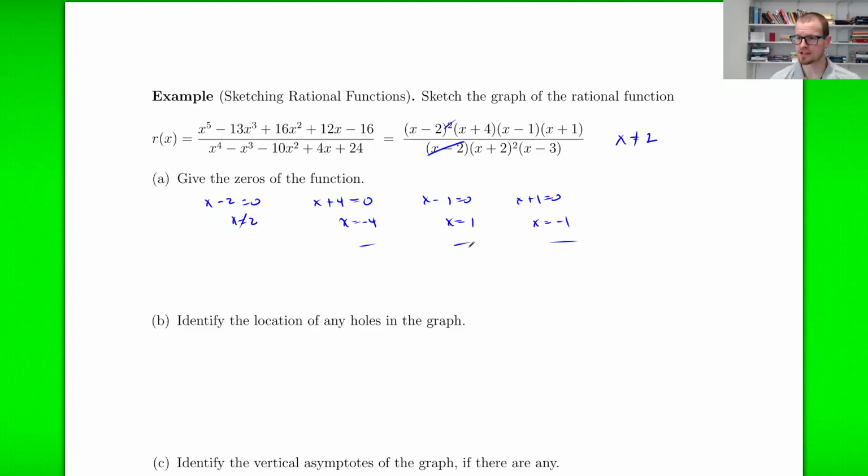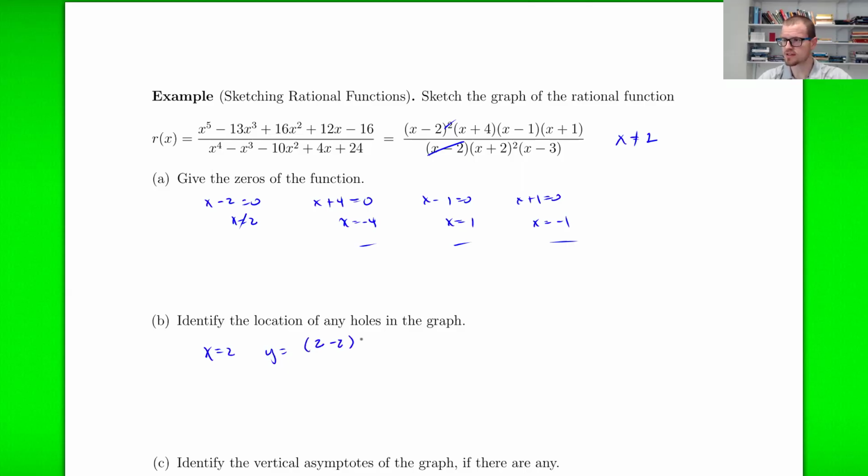So locations for x-intercepts. All right, we want to now identify the location of any holes in the graph, which can be done for x equals 2. So when x is equal to 2, we plug it into the simplified form, but that simplified form contains a factor of x minus 2 in the numerator. X minus 2 is 0, so it immediately gives us 0. We'll write this out just to be clear on how we did it.